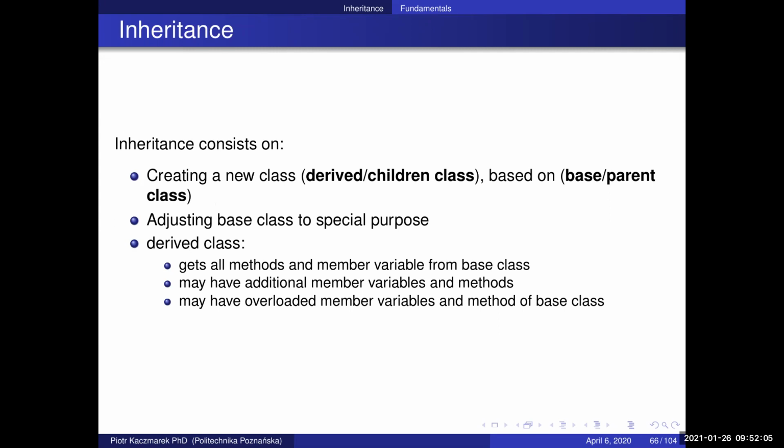Comparing to real life, when we have a biological mother and father, we inherit half of their genome, yeah? So not everything, but only a part of their features, and it is randomized somehow. In case of class inheritance, the class can inherit from more than two classes.